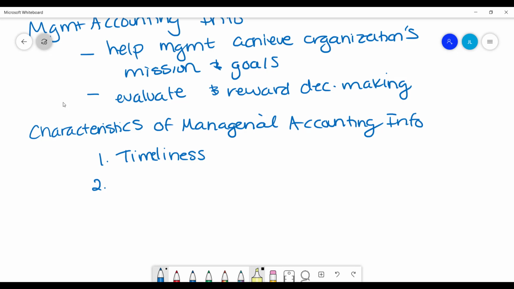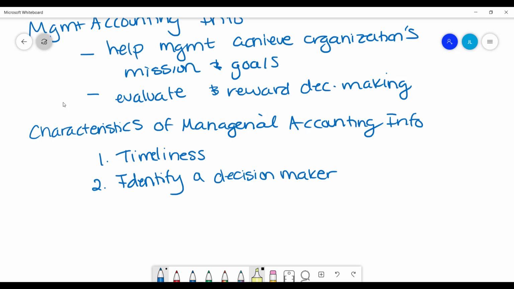Another characteristic is it's important to identify a decision maker. Let me actually rewrite that word. Identify a decision maker. Okay? Where with financial accounting, our users are external to the business, right?